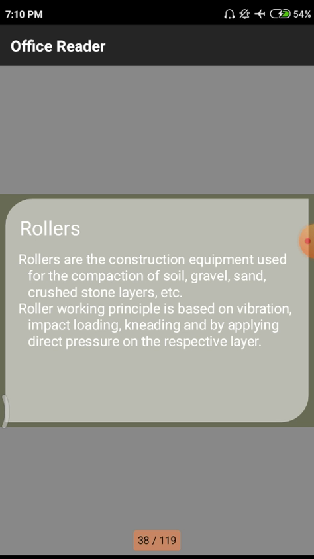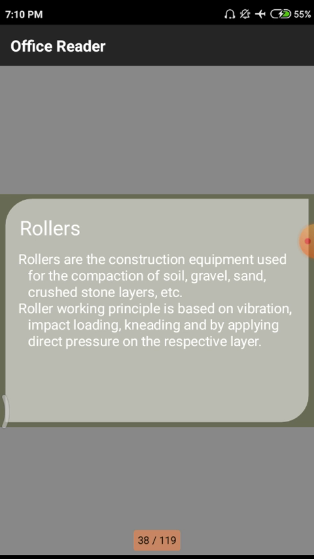It will absorb a huge amount of water and increase in volume, so that it will be uncomfortable to the users nearby these sandy areas, so we need to compact in a particular season. These rollers are used for sand also. Next one we are having crushed stone layers. These are also useful in the laying of roads in national highways and others.